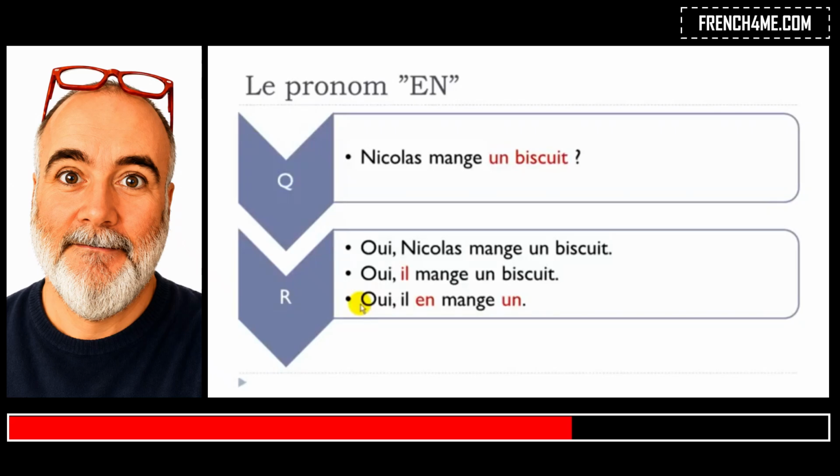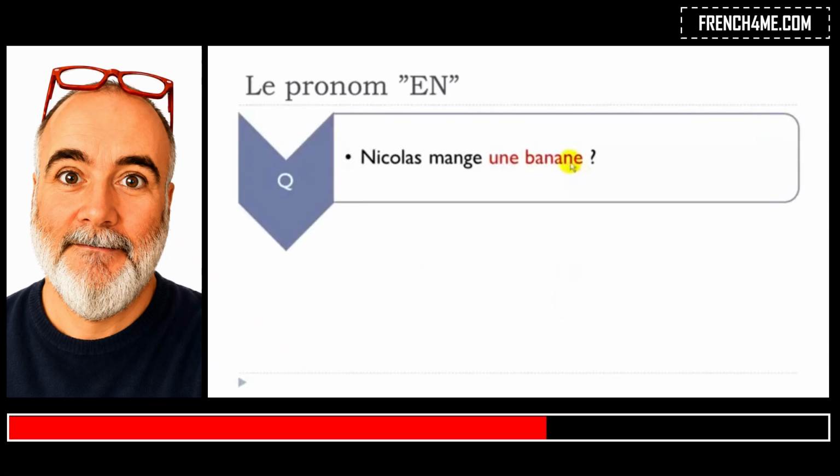The difference here between what we saw with the partitif and now is that here you've got the quantity, so you know exactly how many or how much, okay? So you get to put that at the end of your sentence. Oui, il en, so you put your pronoun here before the verb, and after that you put un. Il en mange un. All right?